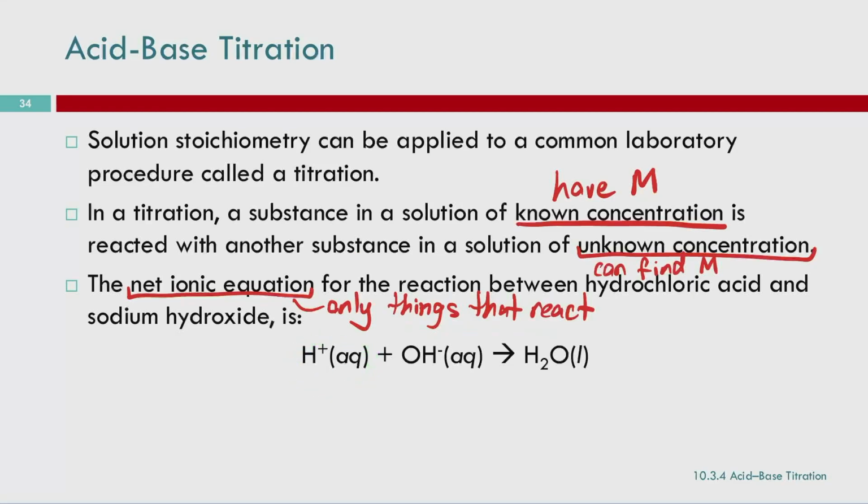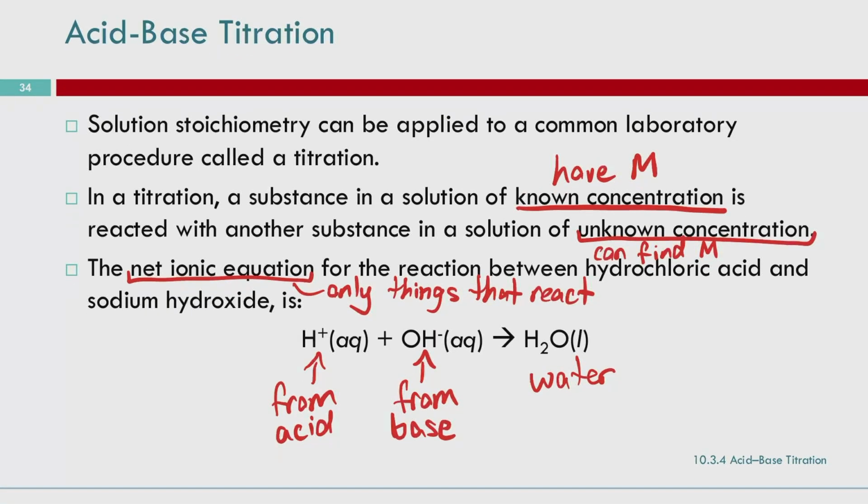H+, that's the active part of the acid, reacts with OH-, that's the active part from a base or produced from a base, to react to form water. So this is the reaction that we are doing in every acid-base titration. For all of them, every single one, that's the reaction that we're doing.